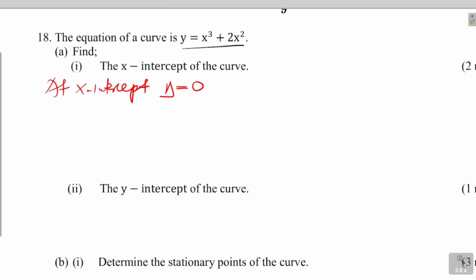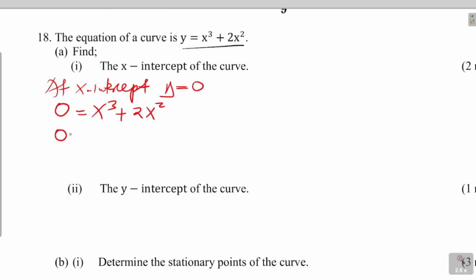So you simply substitute y with 0 in that function. That is the point where the curve cuts the x-axis. So 0 equals x cubed plus 2x squared.